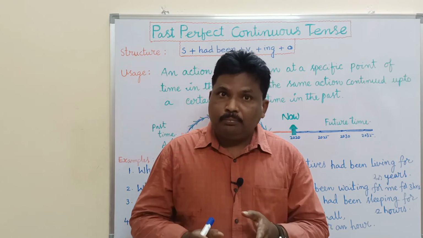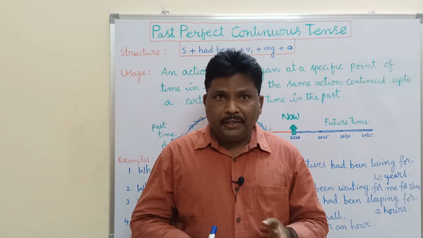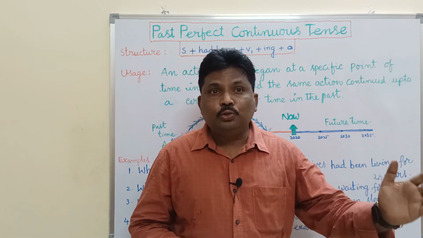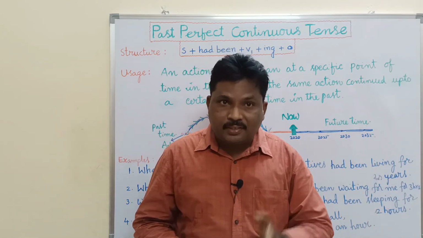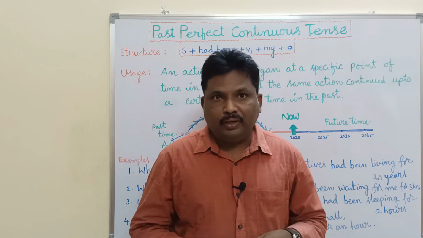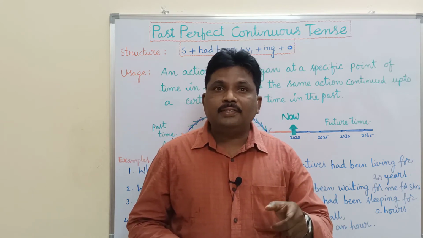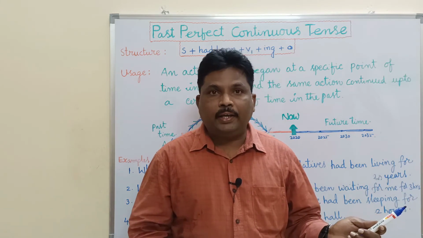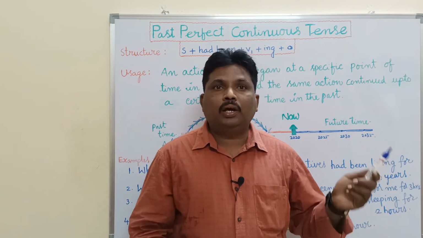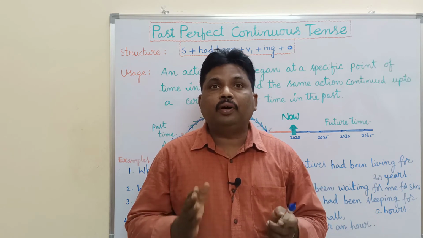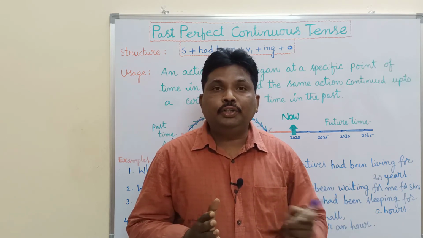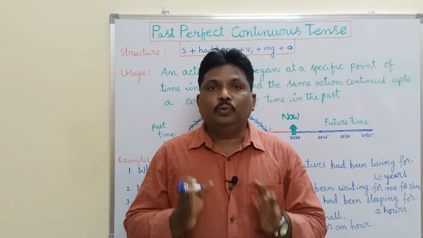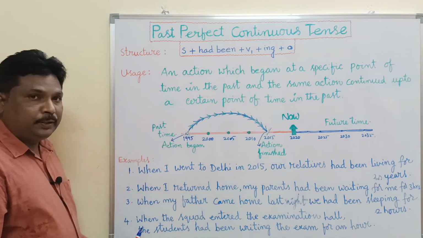So by the time the squad entered the examination hall, the students had been writing the examination for an hour. Writing the examination started 1 hour before the squad came. By the time the squad came, the action had continued for 1 hour. So we can say past perfect continuous tense.